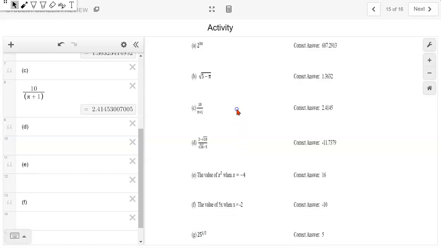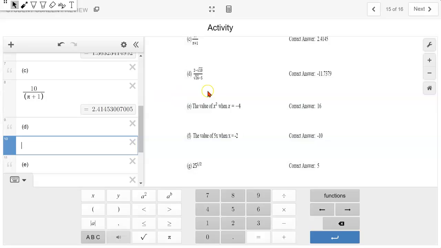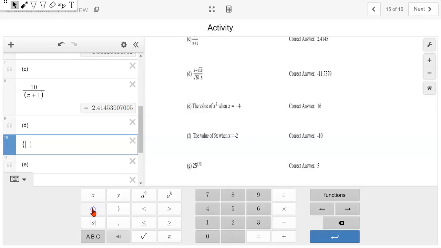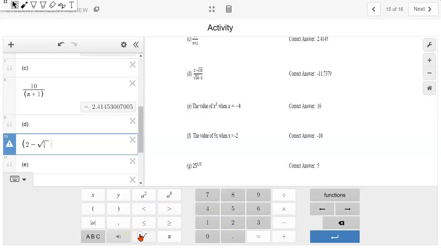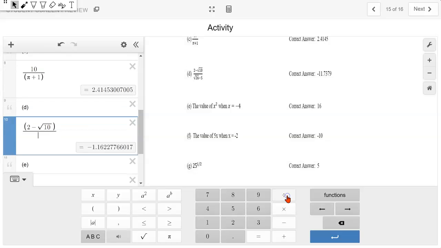Letter D, 2 minus square root of 10 over square root of 26 minus 5. This time, with Desmos, for the numerator, you have to type first open parenthesis, 2 minus square root of 10, then arrow to the right to go outside the parenthesis, and then the denominator, so divide.